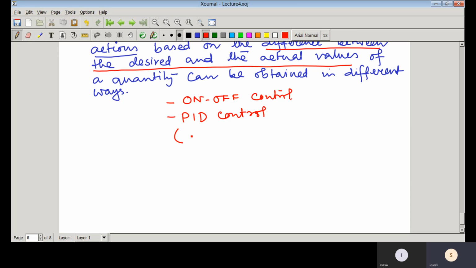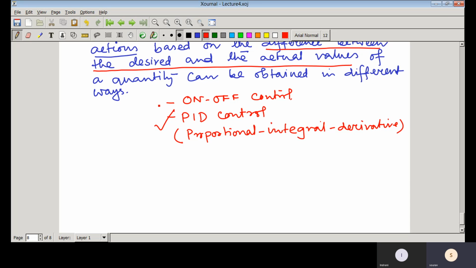PID stands for proportional, integral and derivative. This controller is widely used in industry and everywhere.